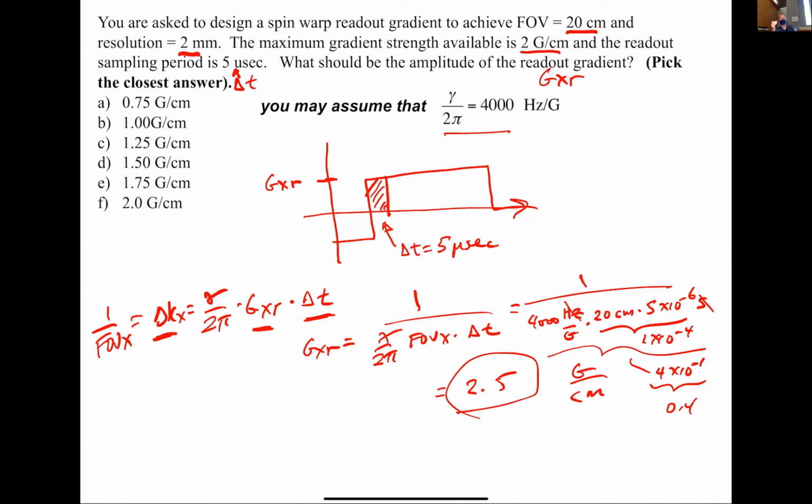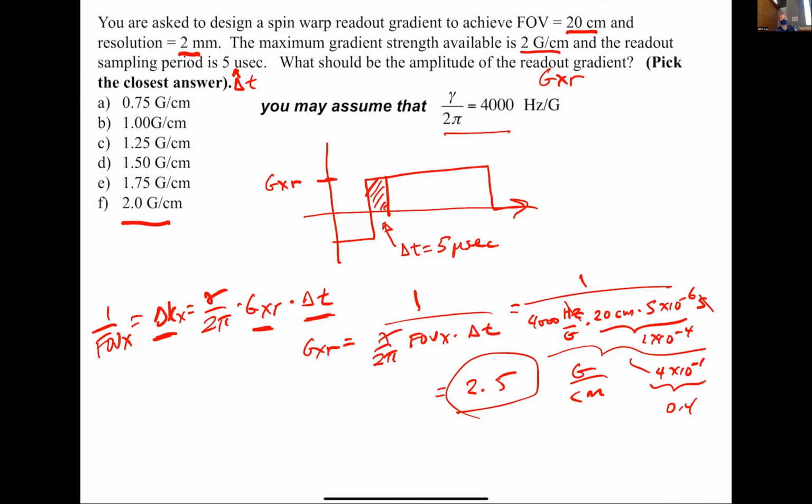This is one of the design issues you might end up with: I need 2.5 Gauss per centimeter, but my machine can only give me 2 Gauss per centimeter. In which case, you're going to have to change something. You're either going to have to change your field of view, or change your delta t. So in this case, the closest answer would be F. This points out two things.